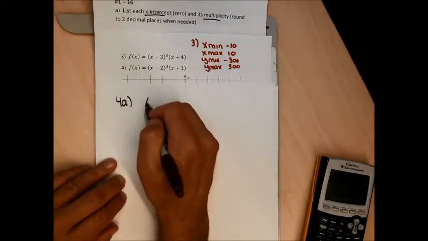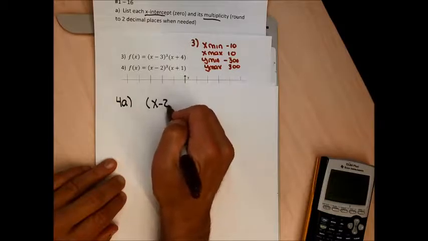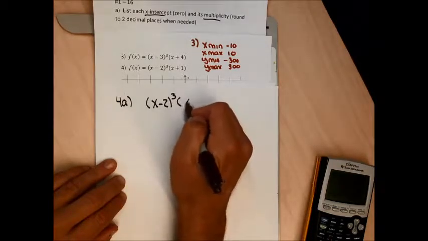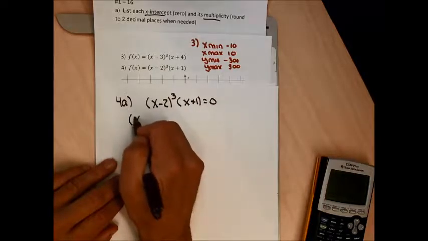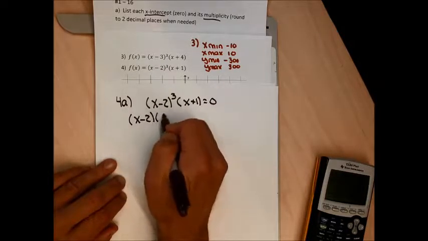to find the x-intercepts, you take the function and set it equal to 0. I can write it without the exponent if I want to.